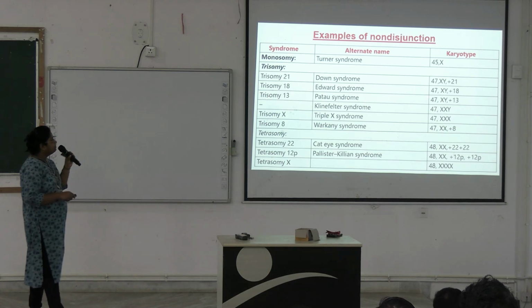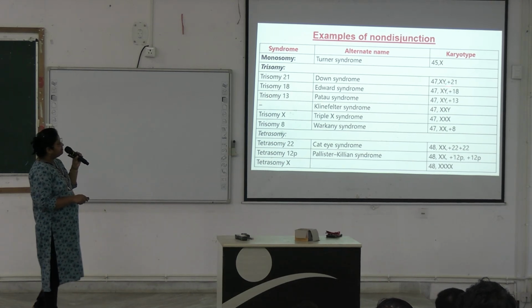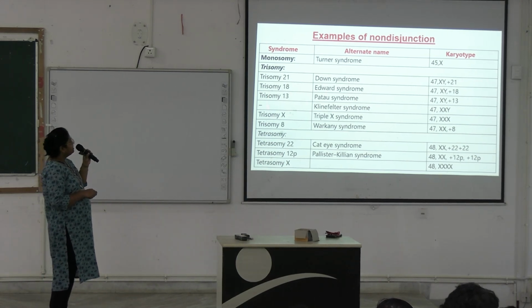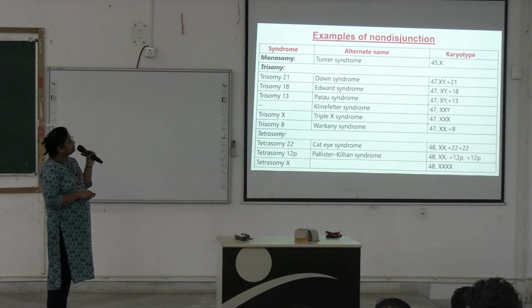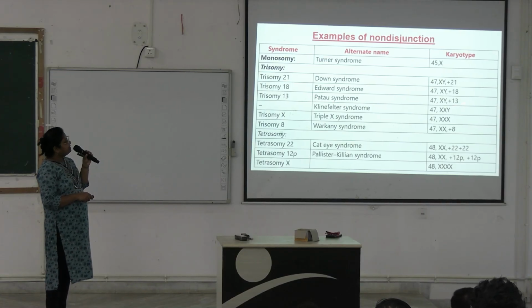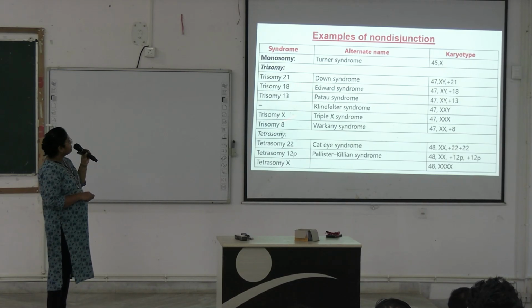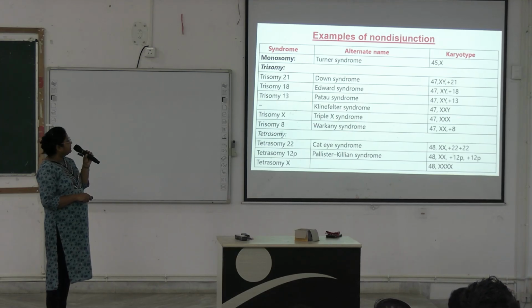Trisomy 18, Edwards syndrome, 47XY plus 18. Trisomy 13 is Patau's syndrome, 47XY plus 13. And Klinefelter syndrome, 47XXY. Trisomy X is triple X syndrome, 47XXX.